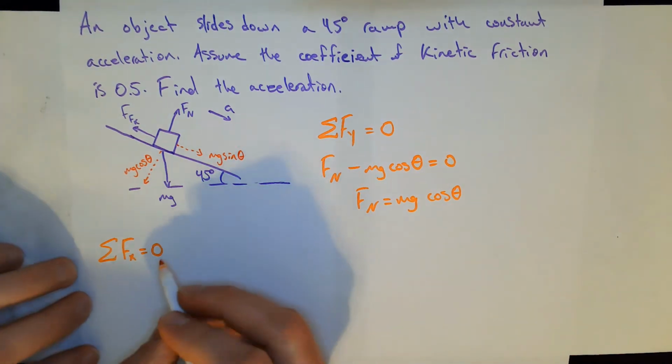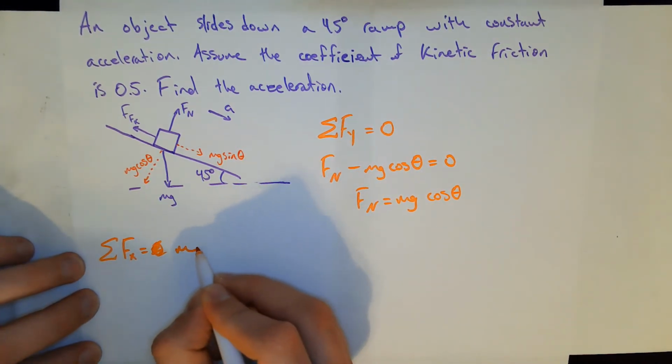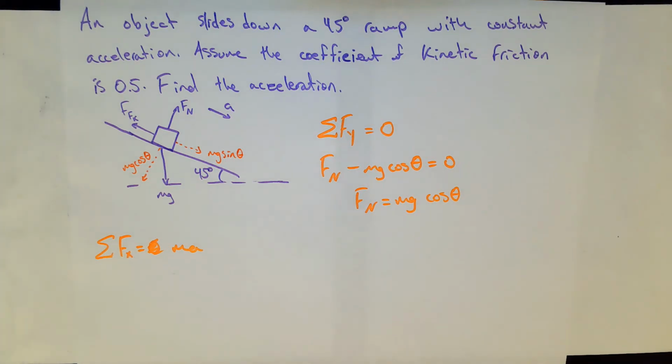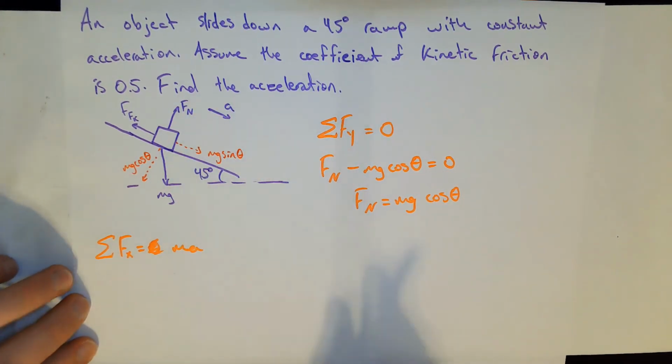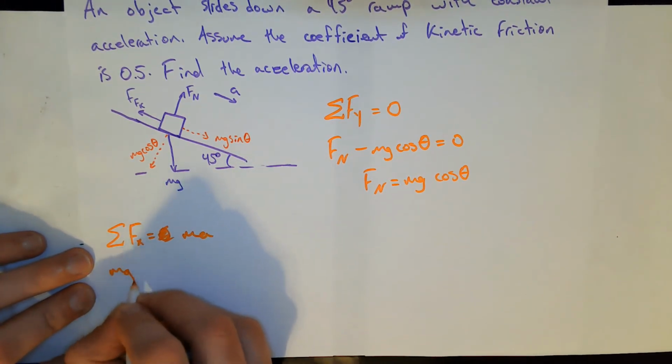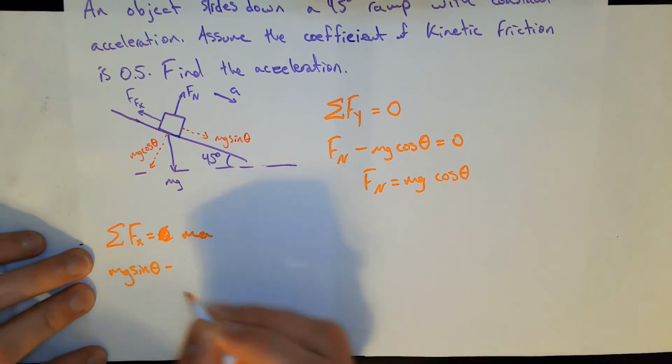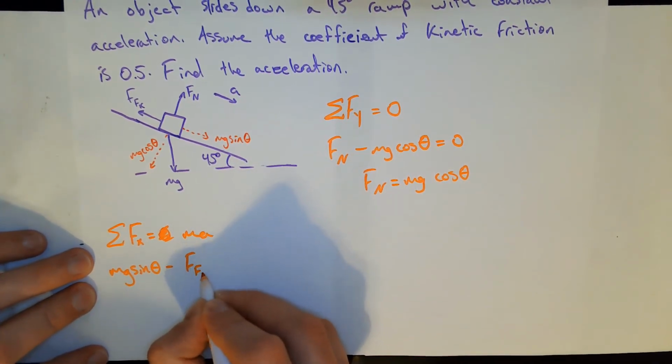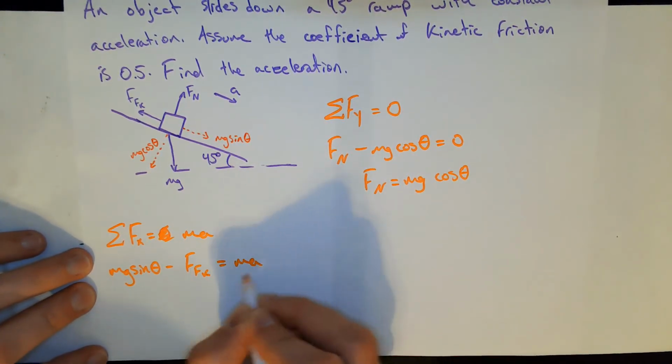Whoops, the sum of the forces in the x direction is not 0. There is an overall acceleration, so there's an overall force, ma, where the acceleration is what we're looking for. My forces in the x direction are a positive mg sine theta minus a friction force, and that's equal to my overall force.